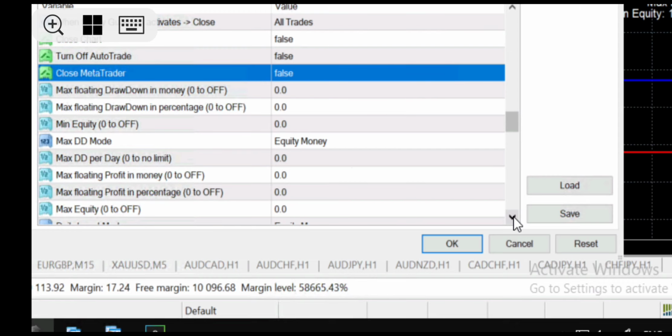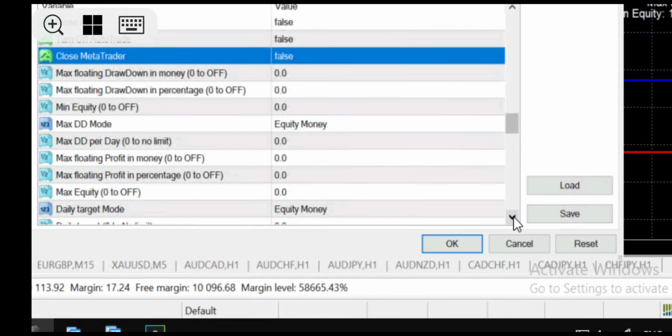So we also have the maximum floating profit. That is when the profit gets to a level. As I said, if I'm targeting 0.5%, if I have a floating profit that reaches that amount, it closes it.